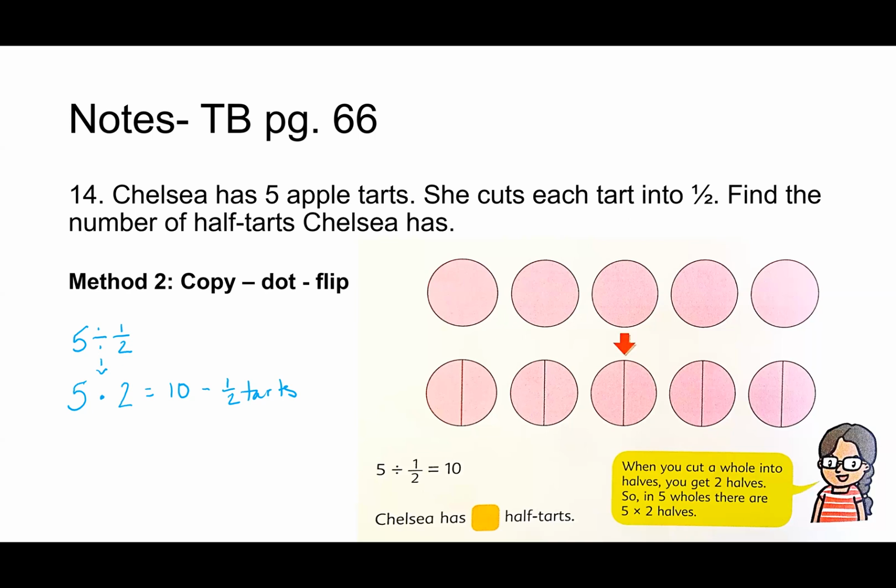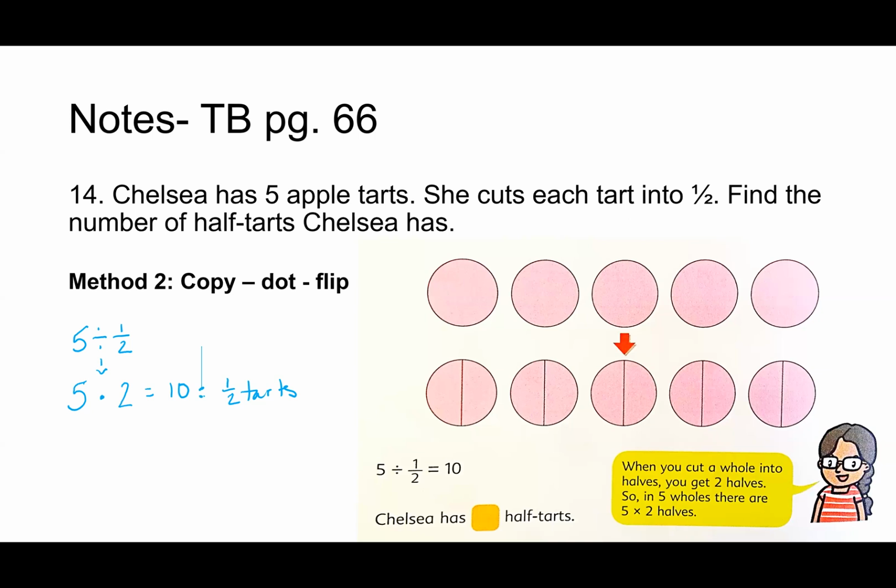Landon? Was a great assignment, but could you just box 10 and write half tarts out? Yeah, so let me actually give you a better way to do that because I want you to have the label with the number. Let's do 10 and then let's just do a colon, 10 half tarts, because it gets confusing when we're talking about half tarts.